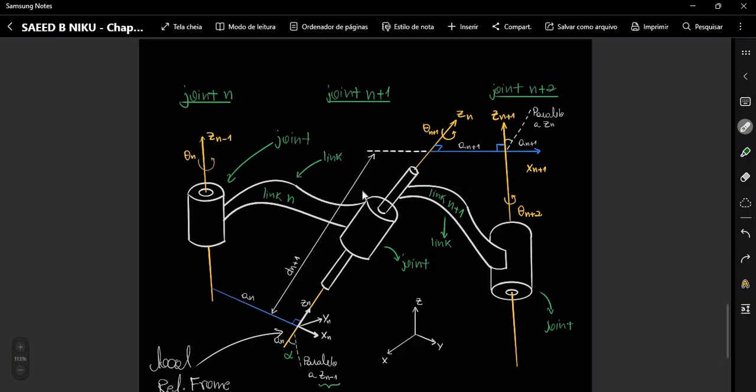index. And for any number of joints, for example, we can continue, and if we continue, we will have a joint number N plus 3.